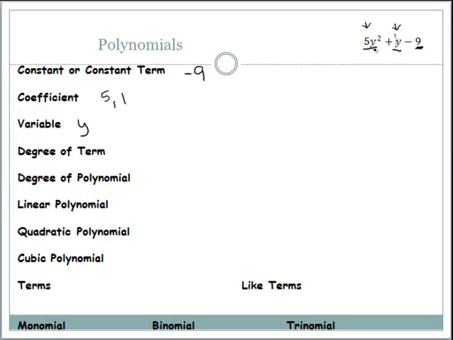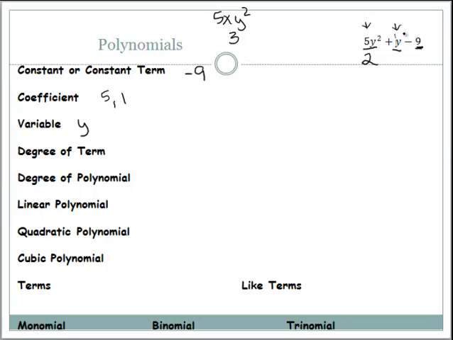This particular term only has one variable, and the degree of that variable is 2. So the degree of this term is 2. So if instead of 5y squared it had been 5xy squared, the degree of this term would be this 2 plus this 1. So the degree of this would actually be 3.